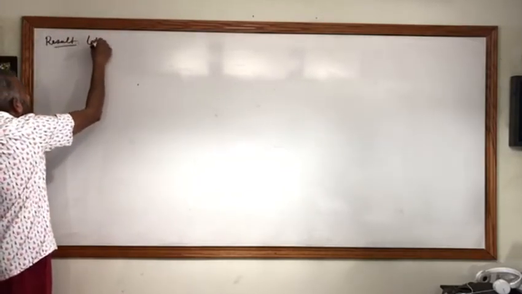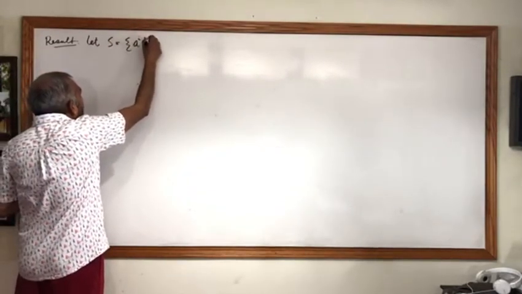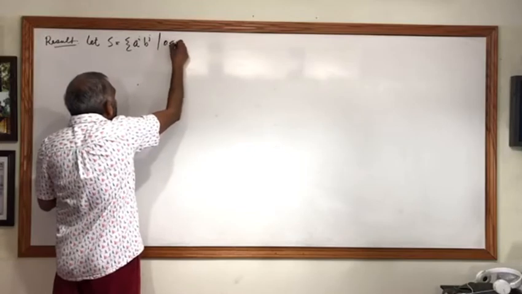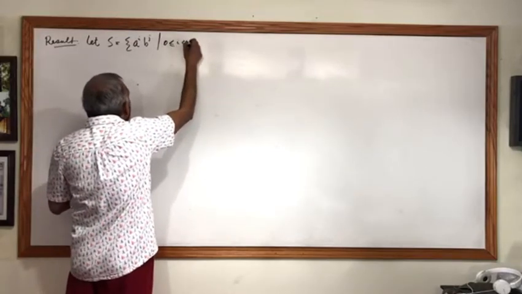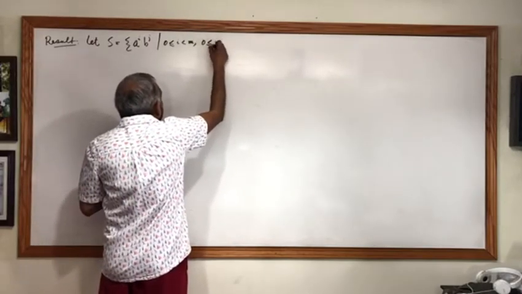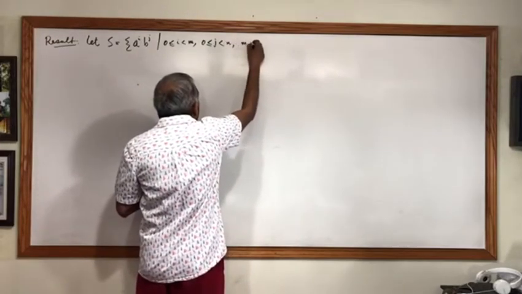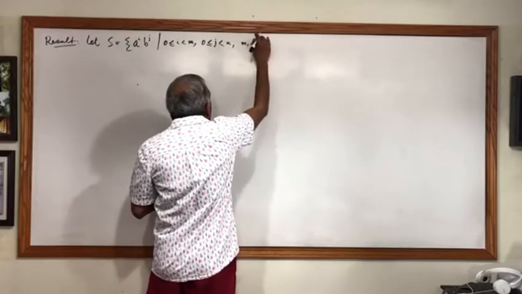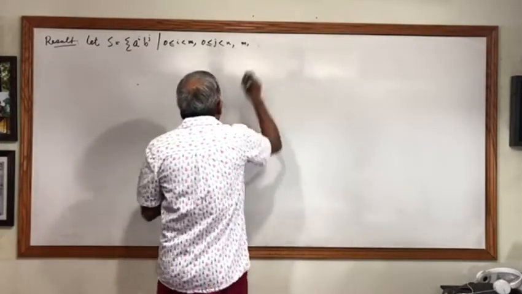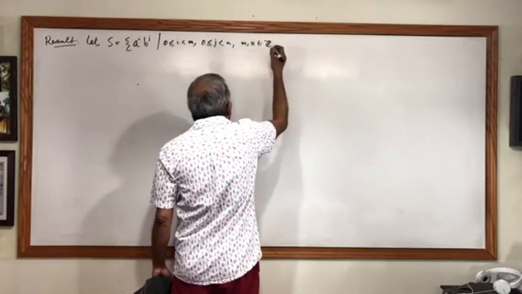So let S be equal to a to the power of i, b to the power of j, where 0 less than or equal to i less than m, 0 less than or equal to j less than n, and m, n belong to Z, positive integers.